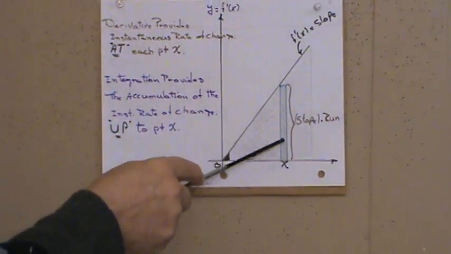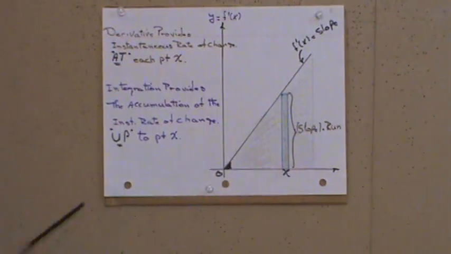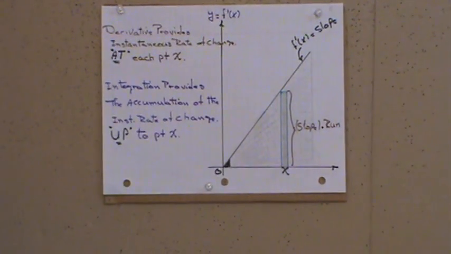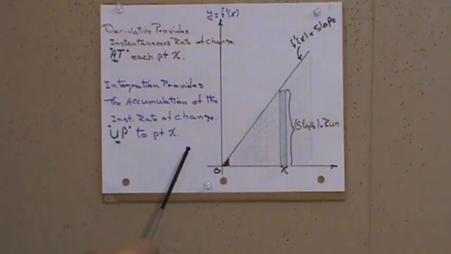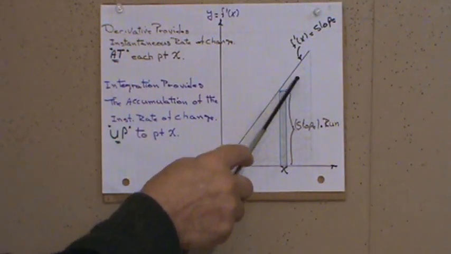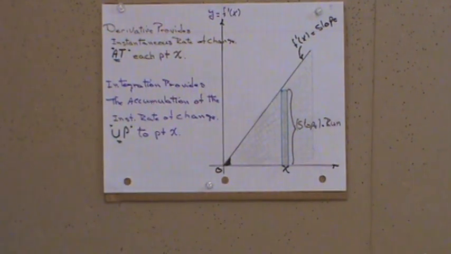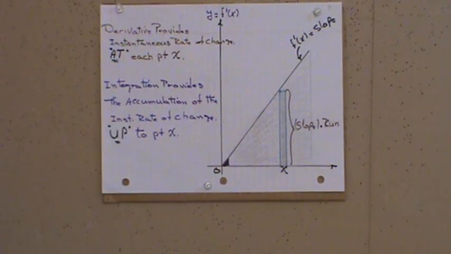Now the area of this rectangle, starting from the left end point of the interval and continuing all the way to the end of the interval, gives me the area under this graph. Do you follow me? And the area under this graph ends up being the mother function.